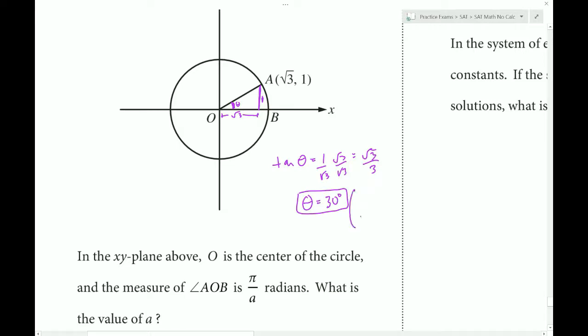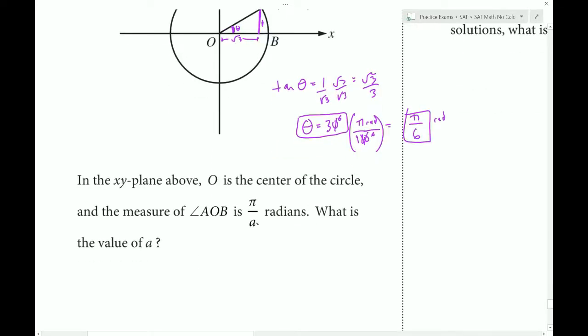To do so, we would do a pi over 180, because pi radians is equivalent to 180 degrees. That gives us our conversion factor. The degrees will cancel out. 30 over 180. You cancel the zeros. 3 over 18 is 1 over 6. So we end up with pi over 6 radians, and therefore A is equivalent to 6.